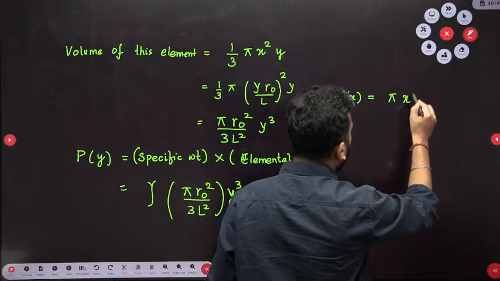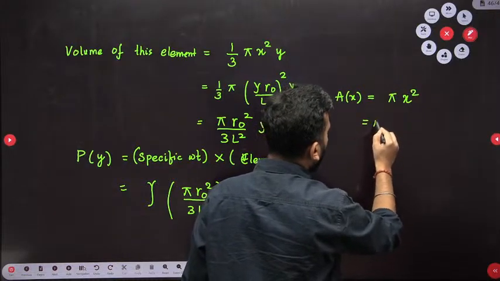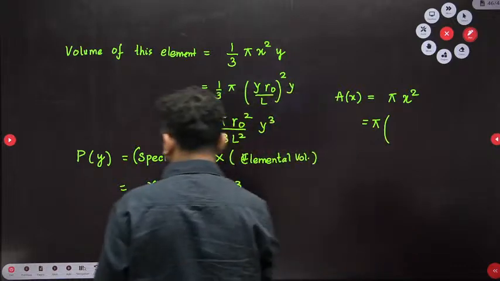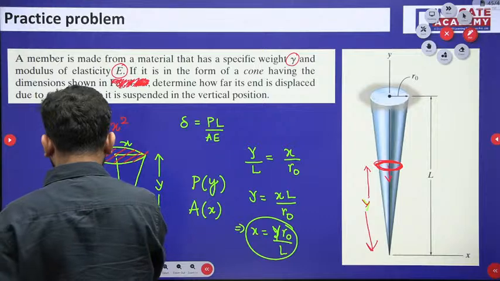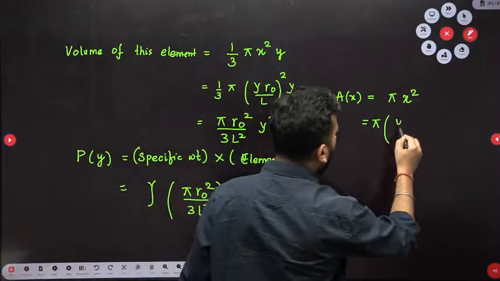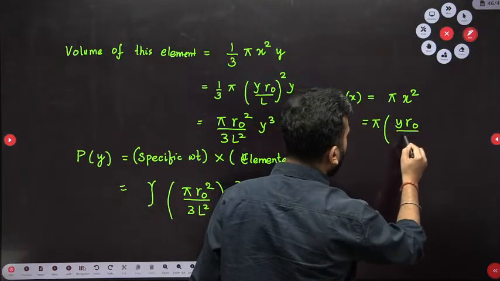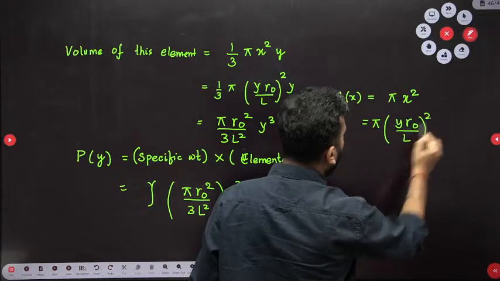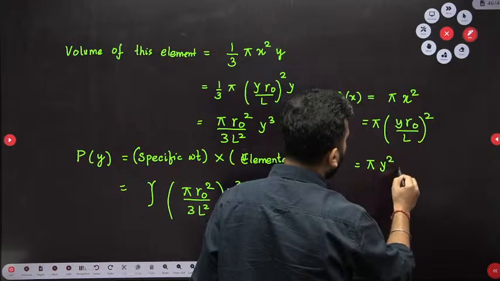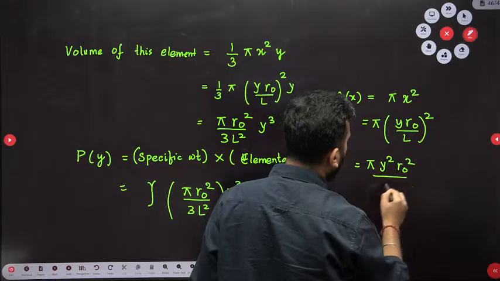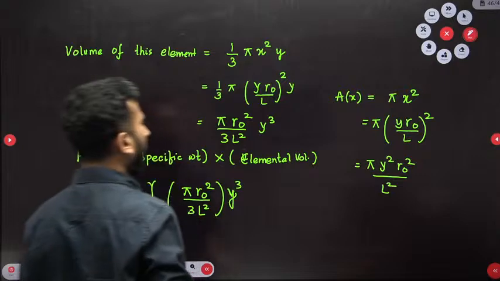Pi x square is the cross sectional area. So what is x? x is nothing but y r naught by L. So the area is pi y square r naught square by L square. Is it clear?